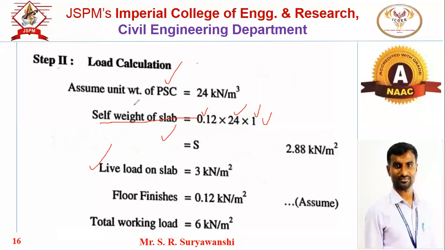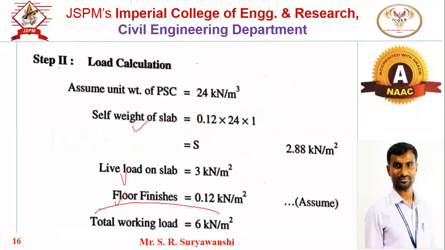So what we have to do is work out the self weight of the slab. The live load will be given, then the floor finish load will also be given. So we have to add all the loads, so that we will get the total working load: the self weight of the slab or dead load, plus live load, plus floor finish load.